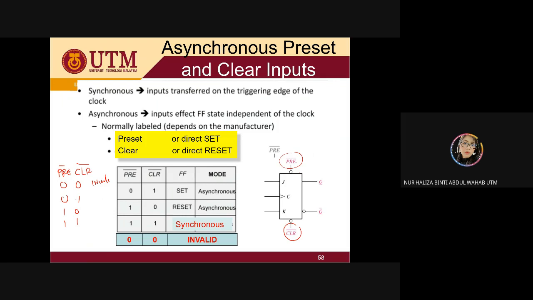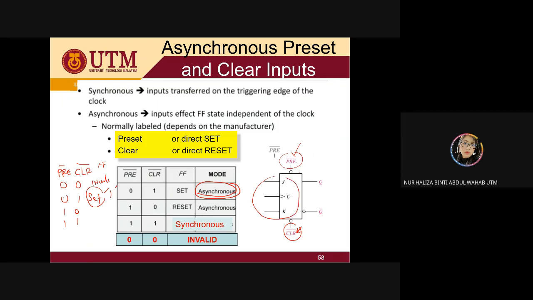With 0, 1, you're going to have a set. What is meant by set? Set means your output of your flip-flop will be equal to 1. It is called unsynchronized because it just works using your pre and clear without looking at whatever input for your J, K and clock.